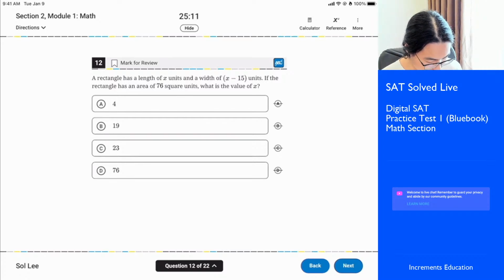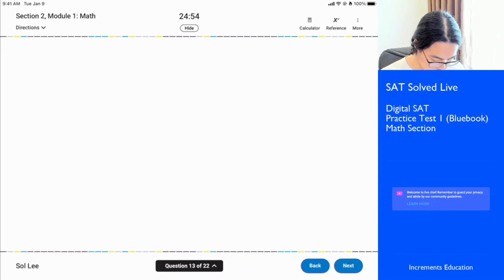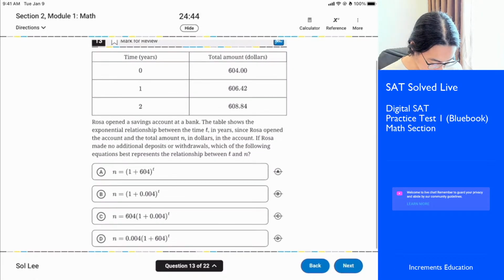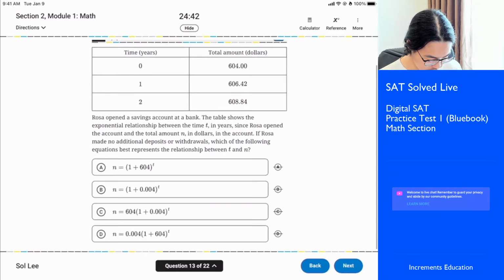But is there a fast way of solving this? 4 times 11 is 44. 19 times 4 is correct. 19 times 4 is just under 80. Okay. God, my math is so janky.